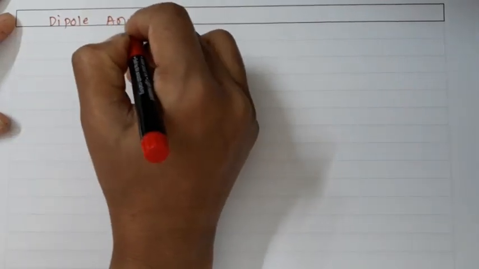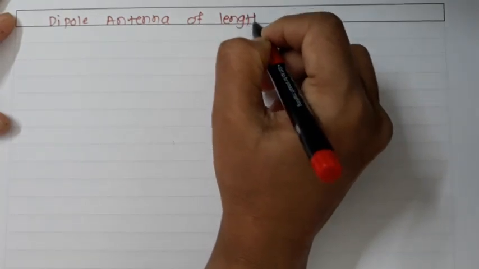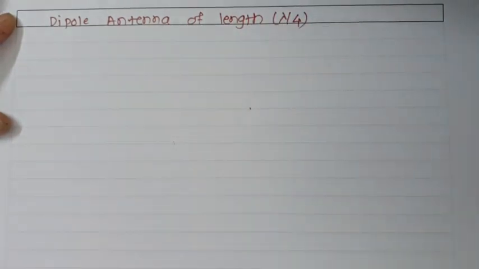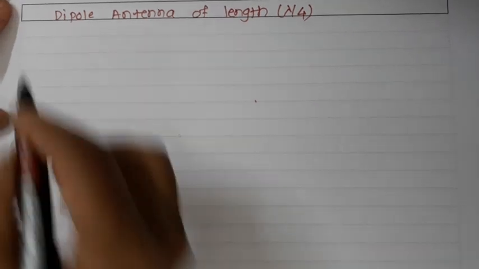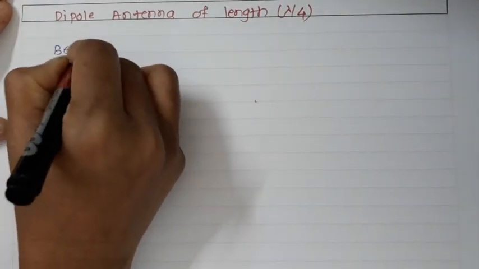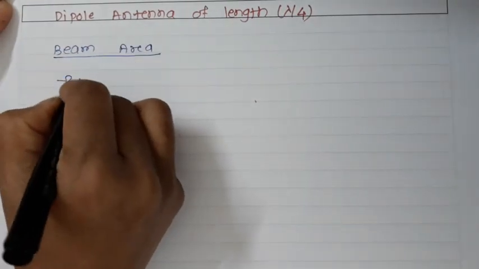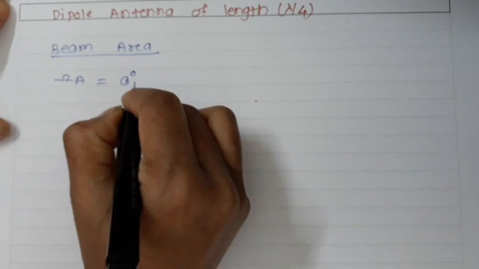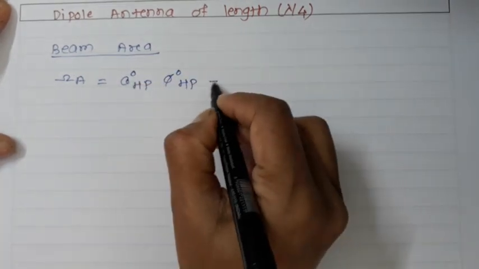Dipole antenna of length lambda by 4. For this calculation, I need to understand the beam area, which is Omega A, equal to theta HP times phi HP. If you know one half power beam width, that will be okay.